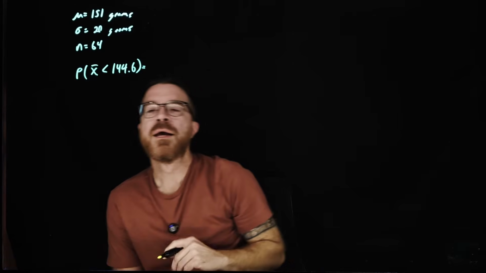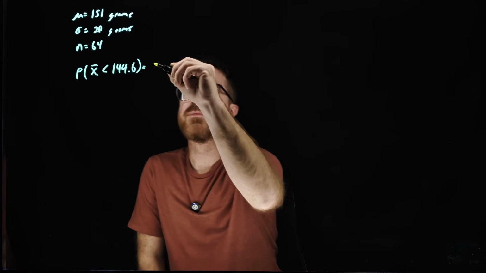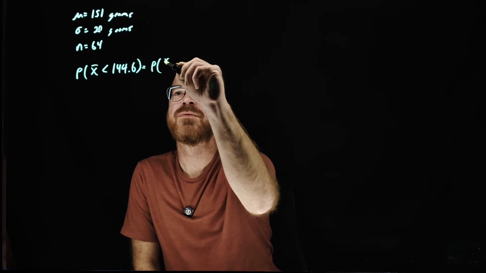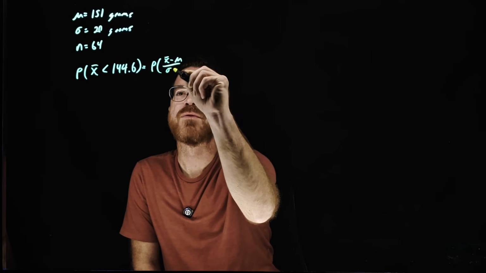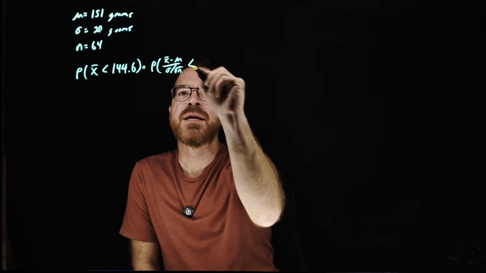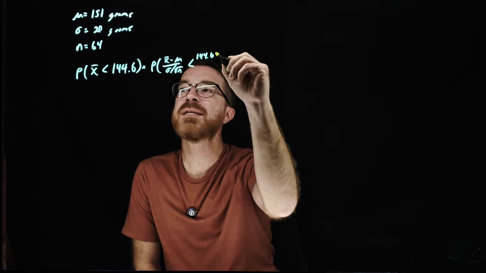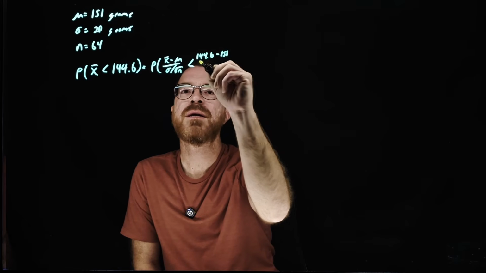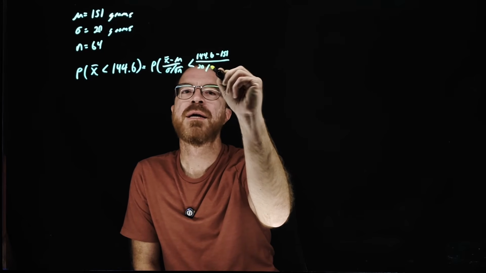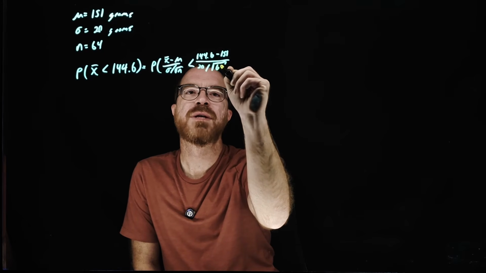144.6. So just like we did before, first thing we're going to do is our transformation, probability of x bar minus mu over sigma divided by the square root of n. Inequality stays the same, and we plug our values in. 144.6 minus 151 divided by 20 divided by the square root of 64.